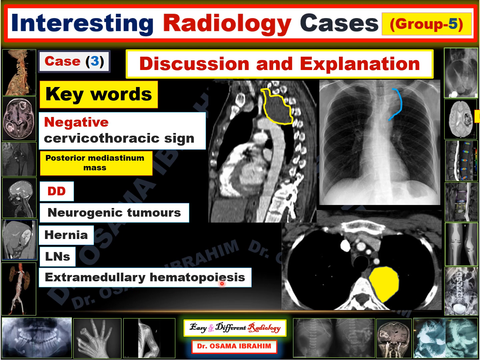Extramedullary hematopoiesis is also a differential diagnosis for a posterior mediastinal mass in patients who have any hematological disorders. Foregut duplication cysts, like neurenteric cyst, bronchogenic cyst, or esophageal duplication cyst, can also be considered a cause for a posterior mediastinal mass. So at the top of the differential are neurogenic tumors and hernia, and then other causes.